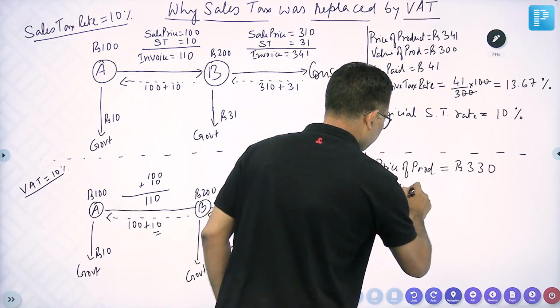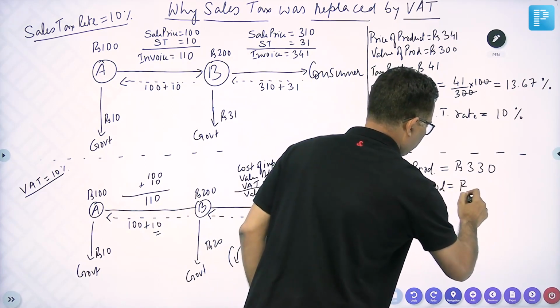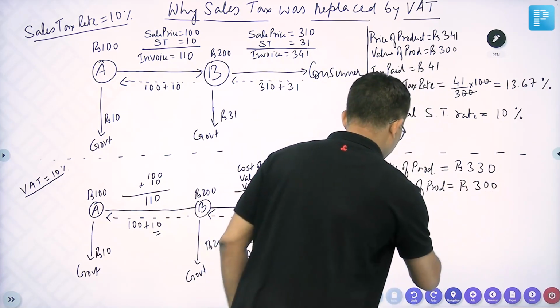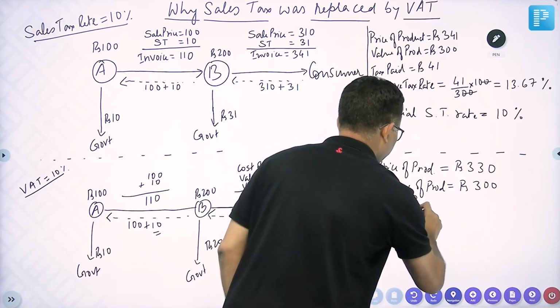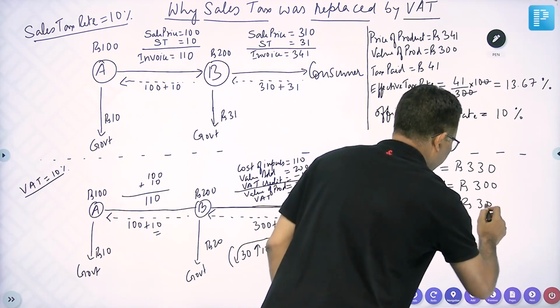Value of product rupees 300. Tax paid rupees 30.